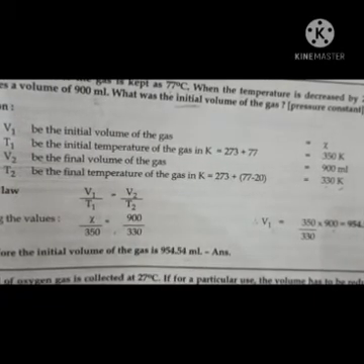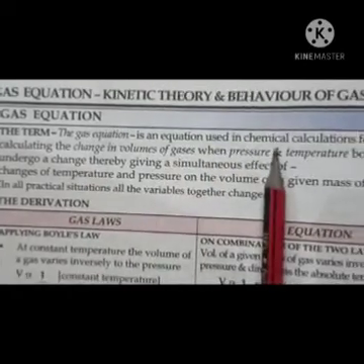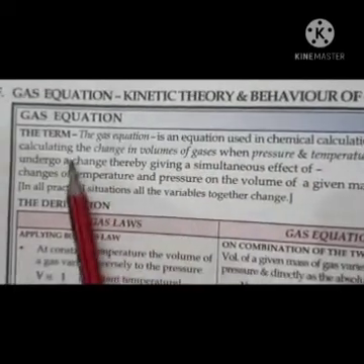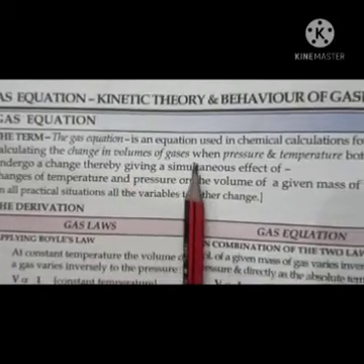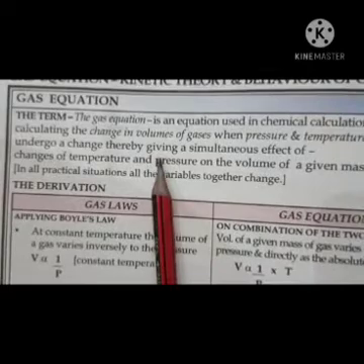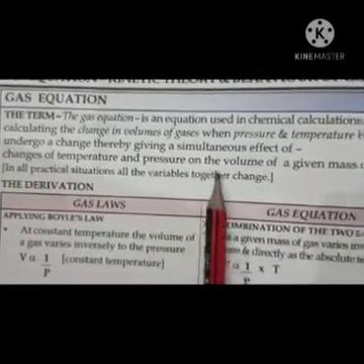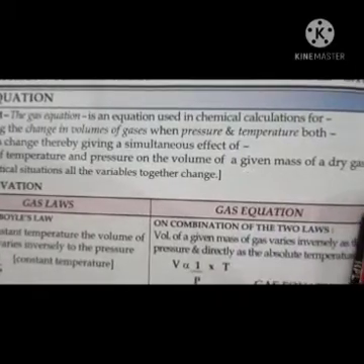Next is your gas equation. It is an equation used in chemical calculation for calculating the change in volume of gases when pressure and temperature both undergo a change, thereby giving a simultaneous effect of change of temperature and pressure on the volume of a given mass of a dry gas.